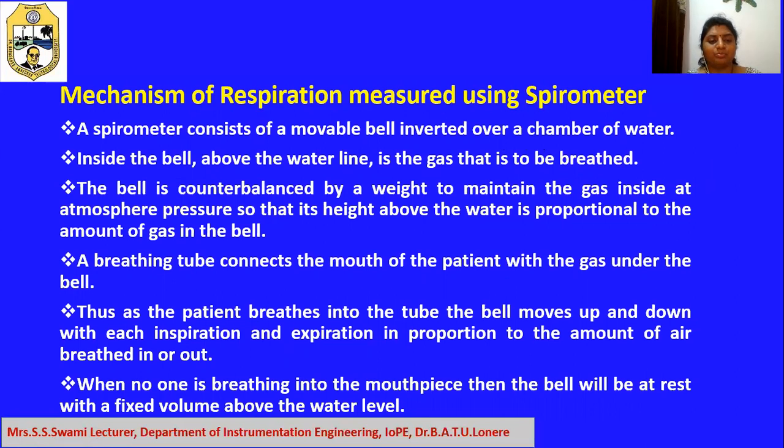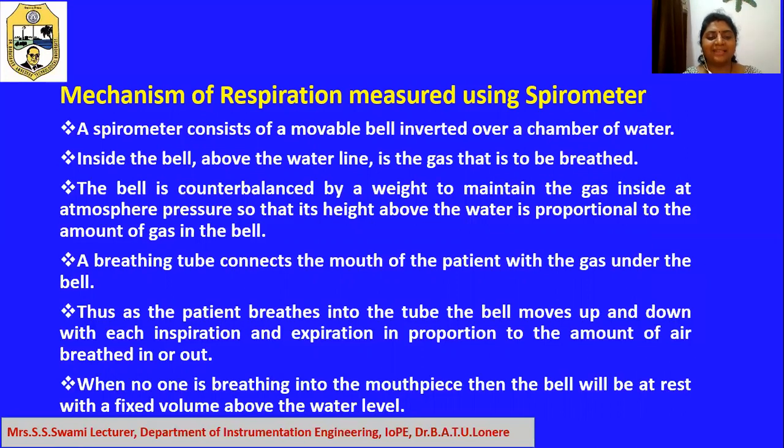A breathing tube connects the mouth of the patient with the gas under the bell. Thus, as the patient breathes into the tube, the bell moves up and down with each inspiration and expiration in proportion to the amount of air breathed in or out.